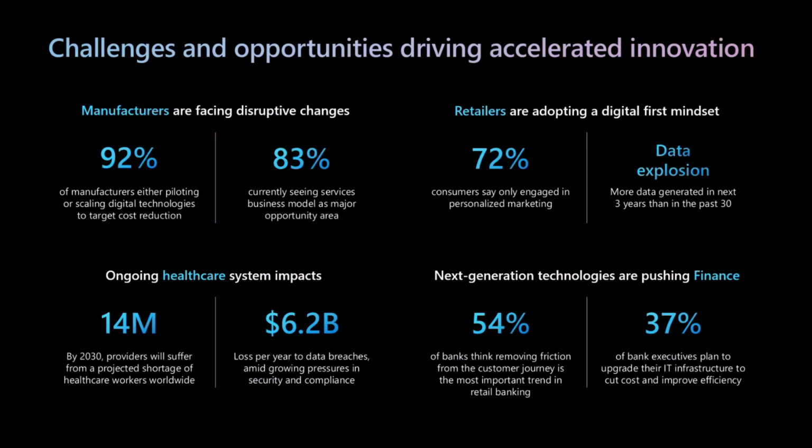There can be retailers who want to deliver a differentiated online experience, or want to reimagine their in-person retail experience for their customers. There can be healthcare or even financial institutes where they want to modernize payment and core banking solutions and other things.